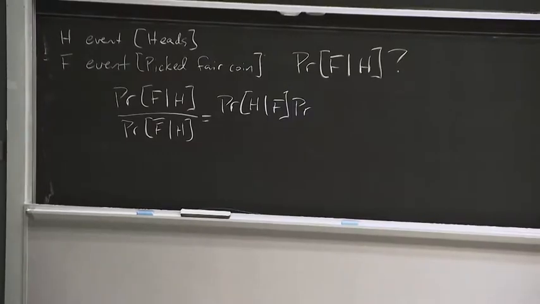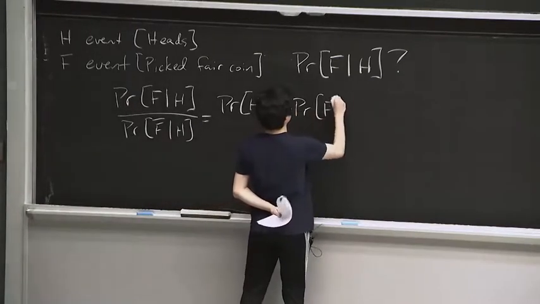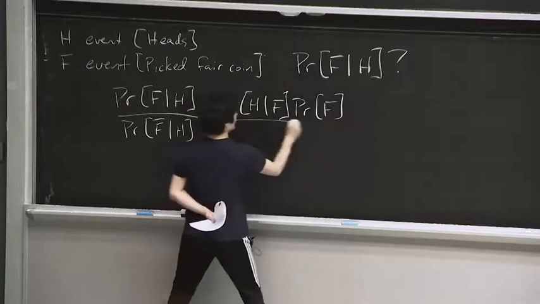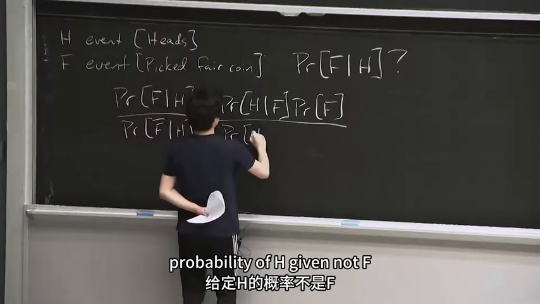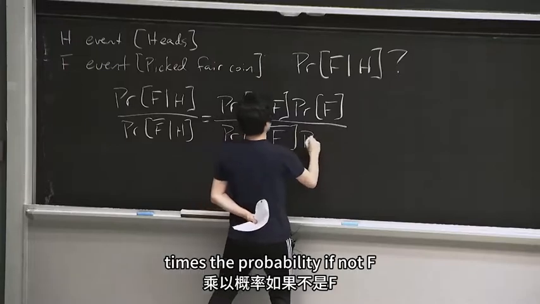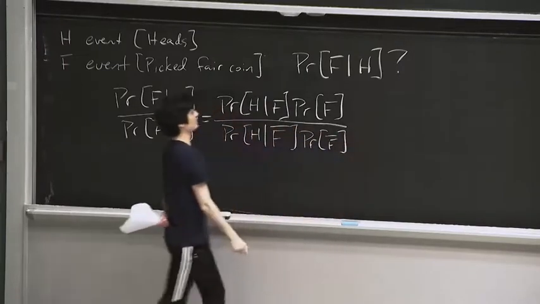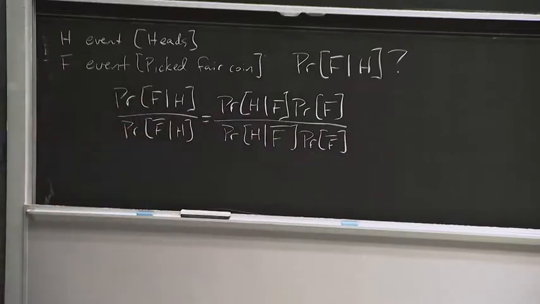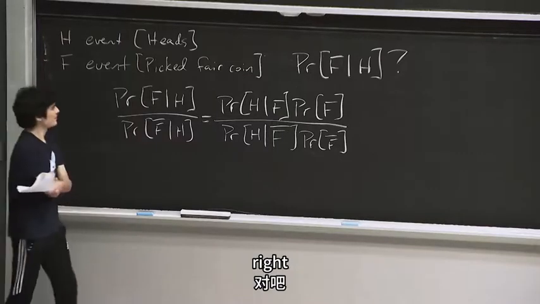Yeah, the probability of F. And on the bottom, we can do the same thing: the probability of H given not F times the probability of not F.